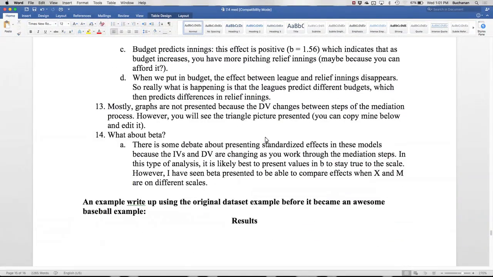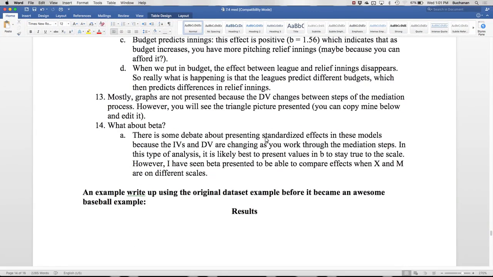Okay. What about beta? There is a little bit of debate about beta. On the one hand, I like having beta because then I could compare the strength of the original C and this, but right now, well, I could here, but I can't compare anything from league to budget because they're different scales. But since we're trying to show what happens here, since these are in the same scale, most people say don't do beta because you're standardizing, but you're standardizing on different DVs.